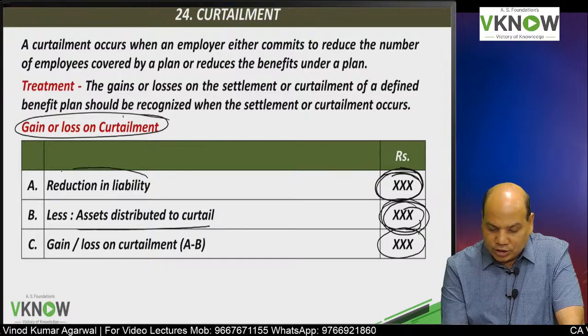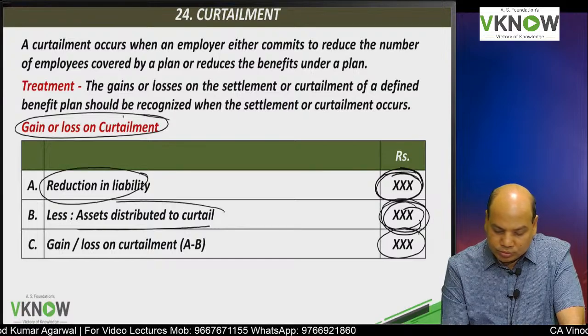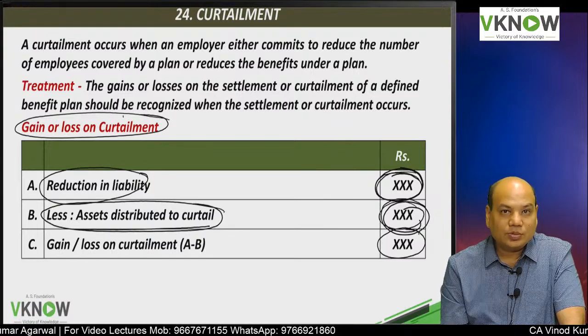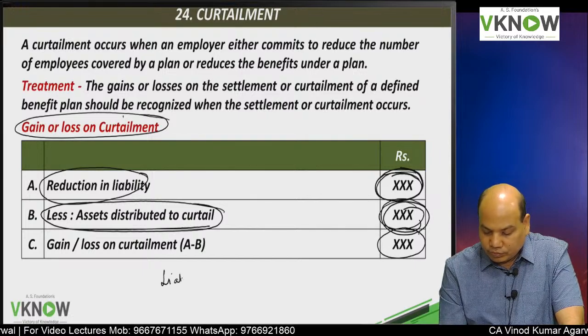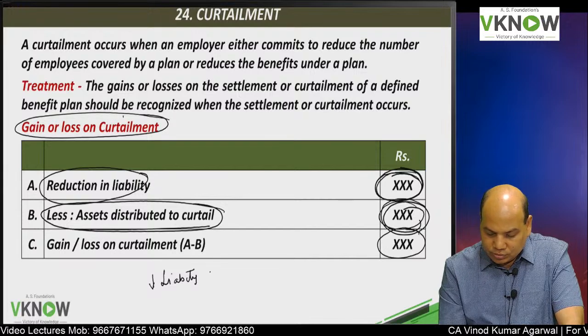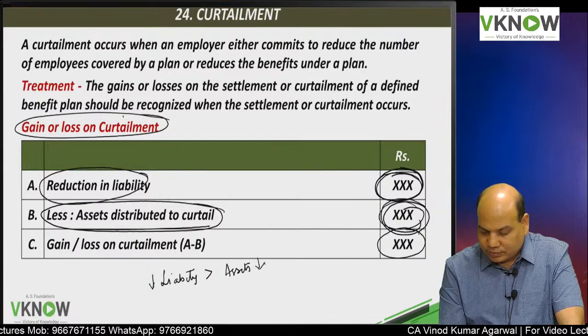If reduction in liability is more than the asset distributed, it is a gain. All of you know, if liability reduced is more than reduction in asset, it is a gain.